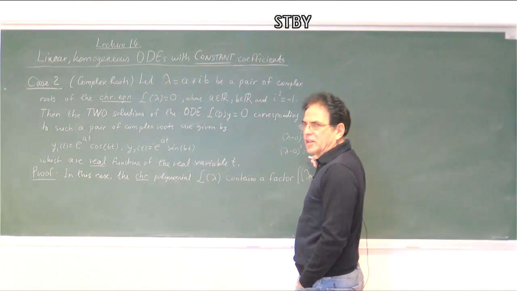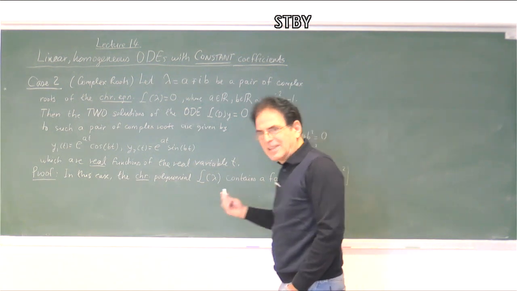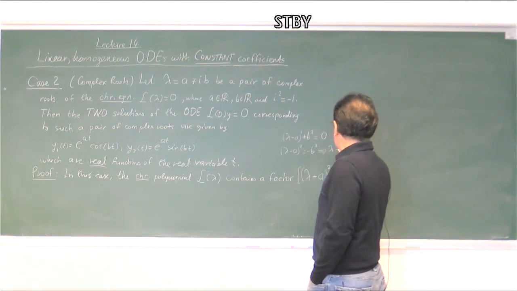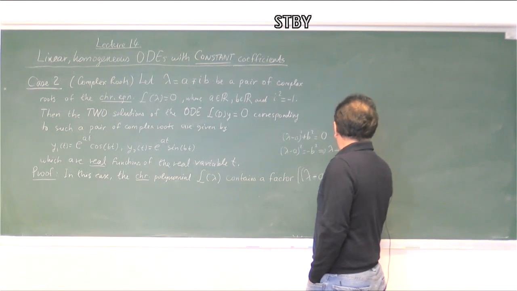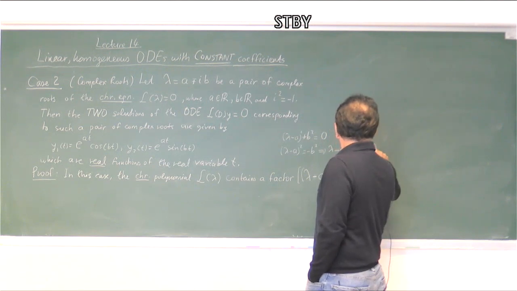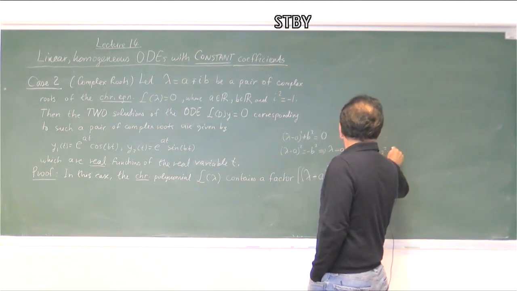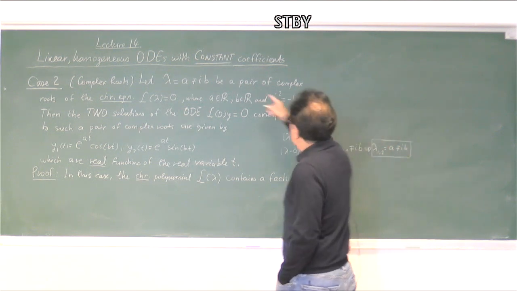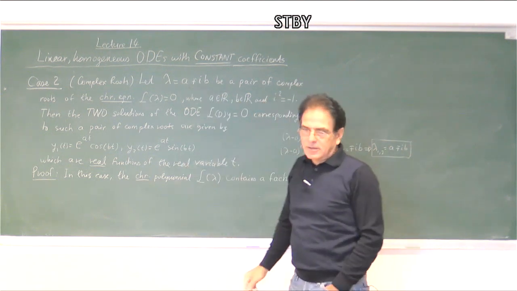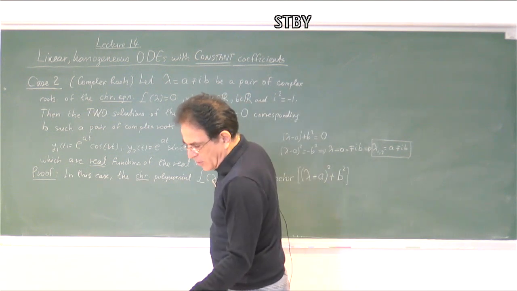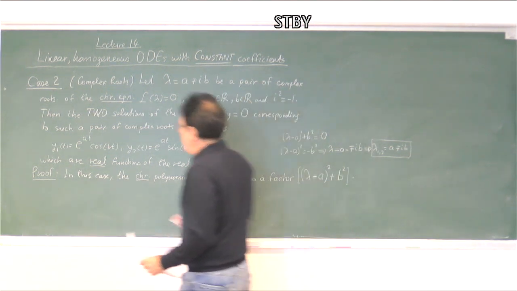And b squared is real, so minus b squared is a negative quantity. So taking the square root of both sides, we have lambda minus a equals plus or minus ib, which implies the two roots a plus or minus ib, as suggested. Good. So L of lambda contains such a factor, obviously.